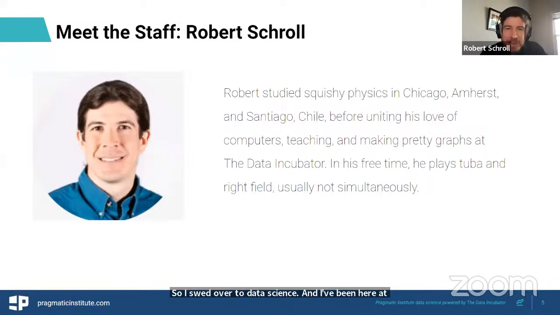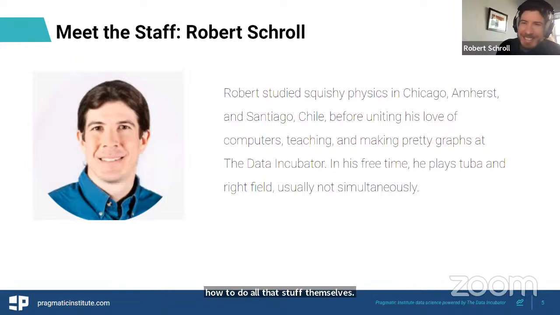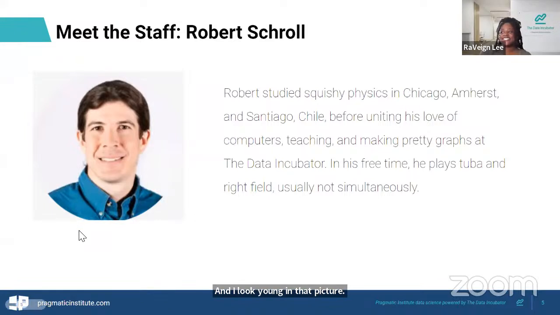It's a little bit scary to think about, mainly because the time has gone so quickly. I have a lot of fun talking about computers, talking about how we can process data with computers, and teaching people how to do all of that stuff themselves. And yeah, I look young in that picture. Back to you, Raven.